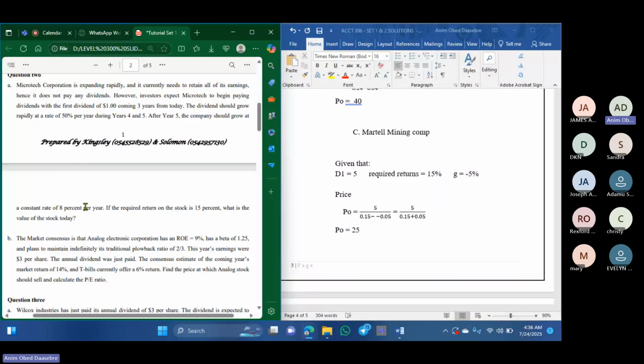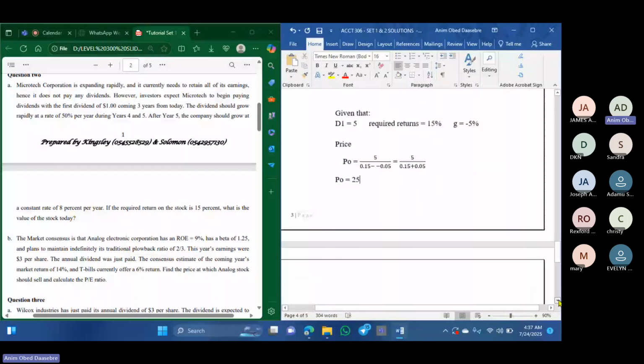If the required return on the stock is 15%, what is the value of the stock today? So for this one, we are going to use the scenario in the slides activity, the one we did in class. We have variable growth rate.